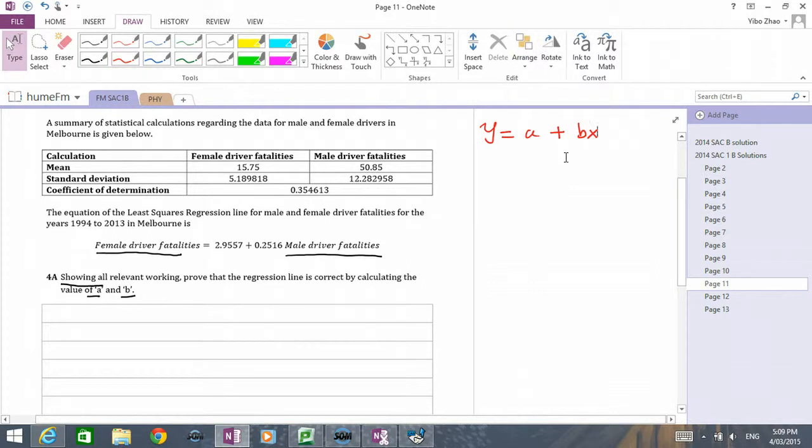And since the equation is given, what I can say from this question is my A is going to be this number there, 2.9557, and my B is going to be the number there, 0.2516. But in question 4a, I need to show how to define these two numbers by hand.